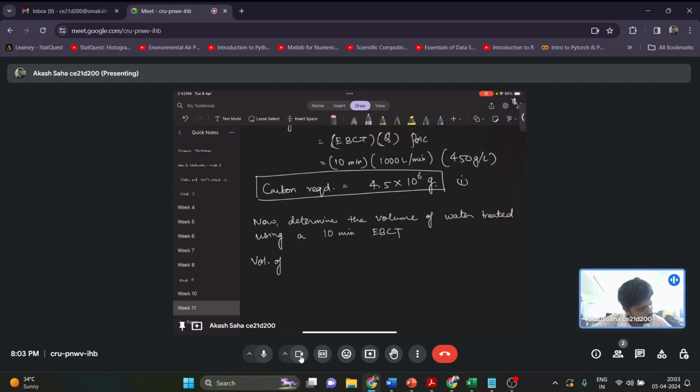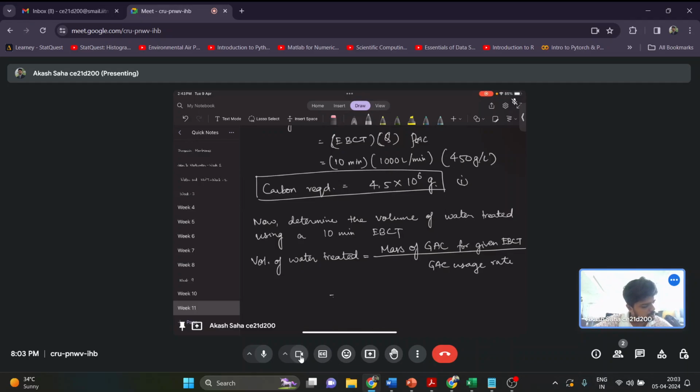So volume of water treated is equal to the mass of GAC for the given EBCT divided by the GAC usage rate.